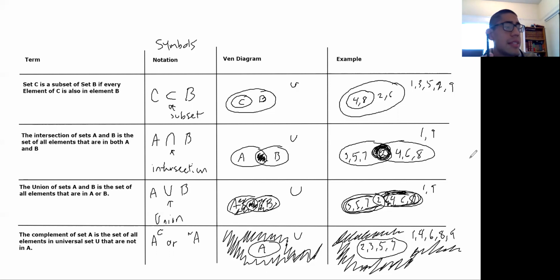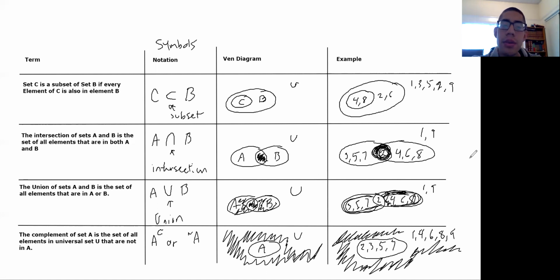Intersection just means, it's kind of like asking, what do they have in common? What do sets A and B have in common? So if you notice it's A intersection B, what number is inside of both set A and set B? That's what I'm really asking.